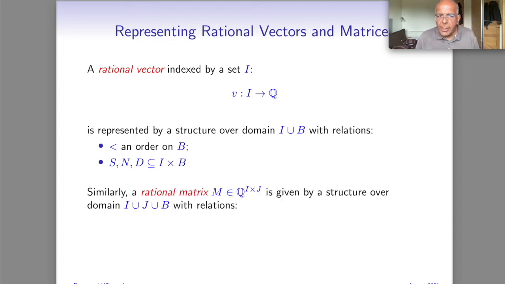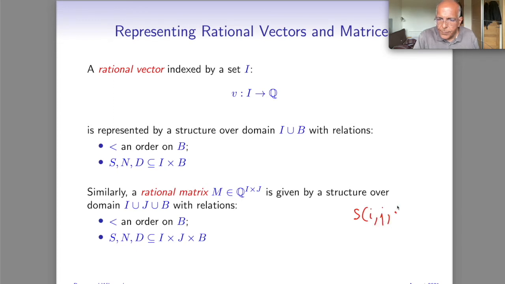And we can extend this from vectors to matrices. So now let's say we have two sets I and J indexing the rows and columns of a matrix M. We think of this as a function from I cross J to Q, and this is given by a structure over I union J union B, where we have an order on B, and now we have ternary relations S, N, and D, where for any fixed i and j, we can think of these as defining sets of bit positions and therefore coding a rational number, right?